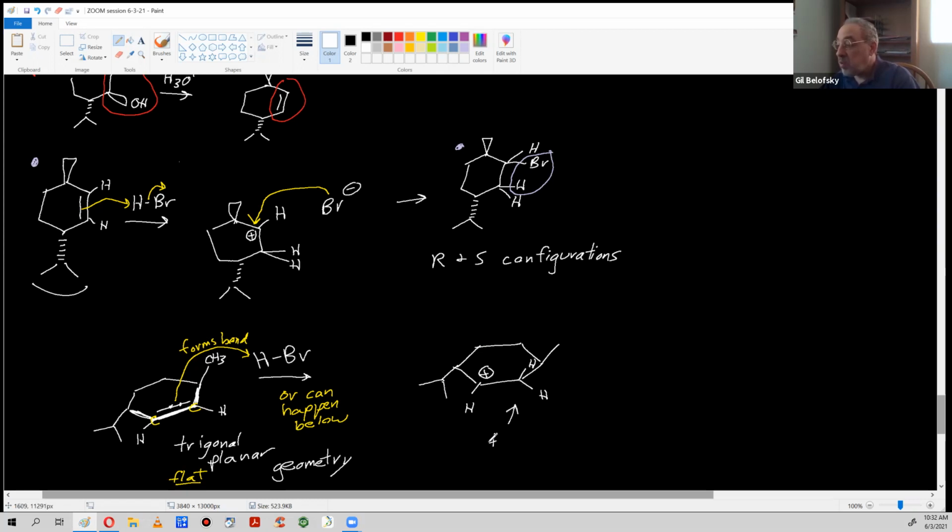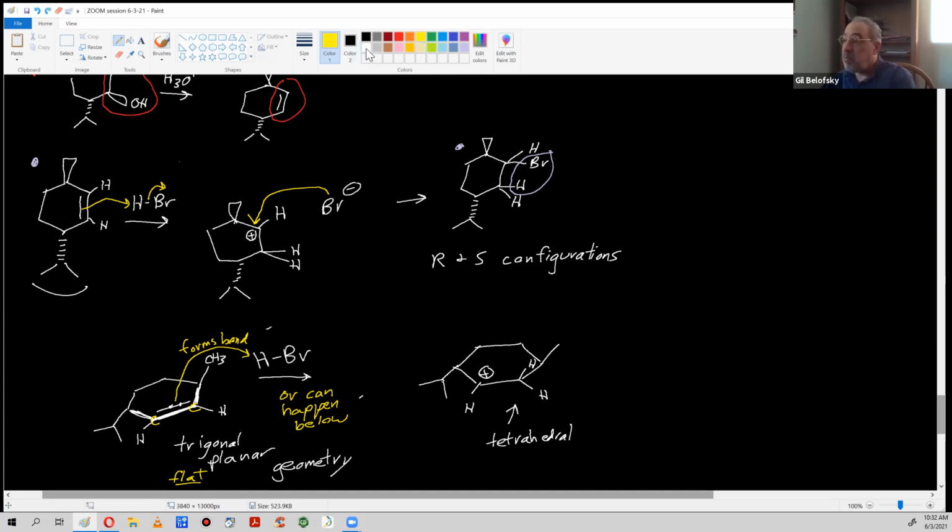Now this is tetrahedral. And this is going to look the same whether it happens above or below. We're still going to get to this point.